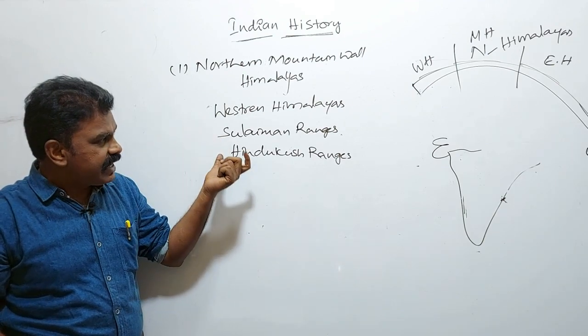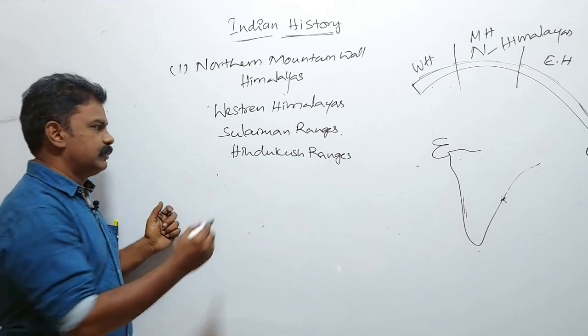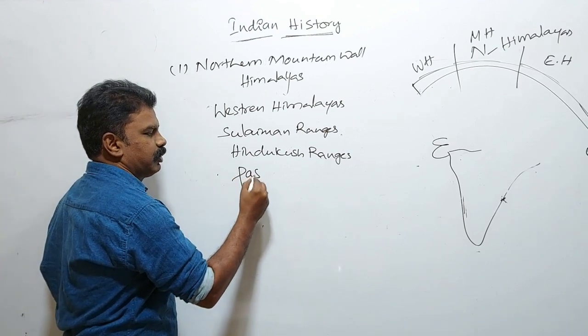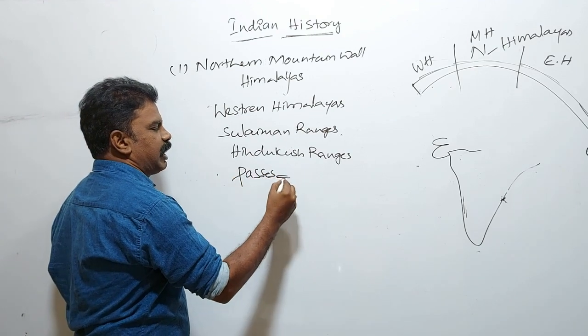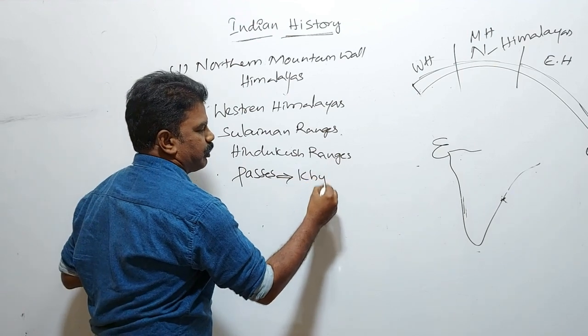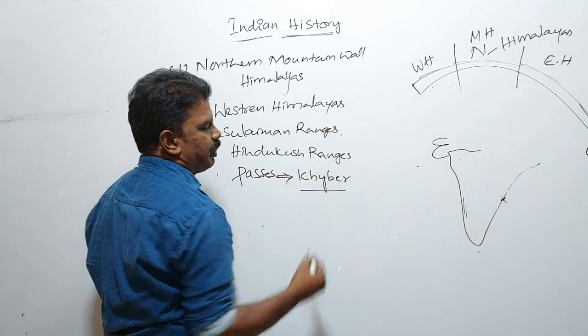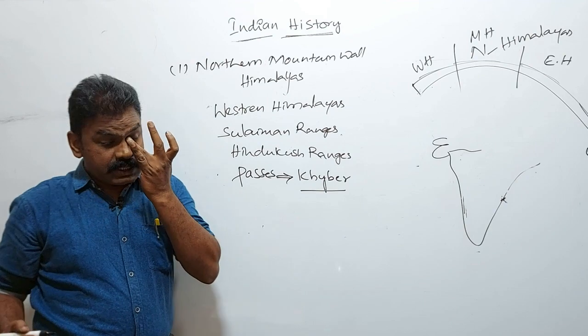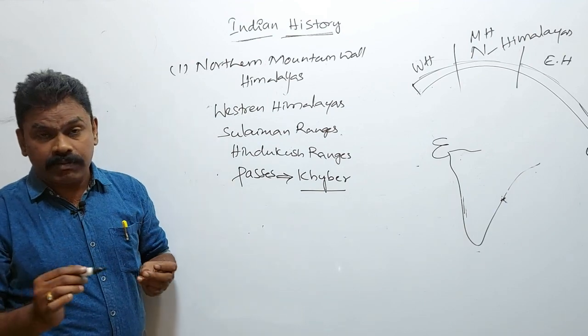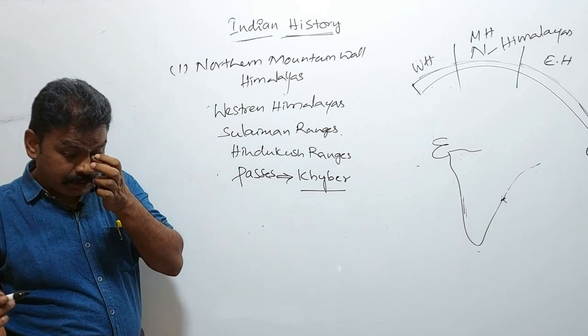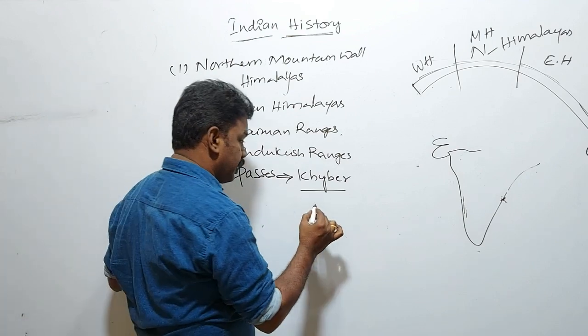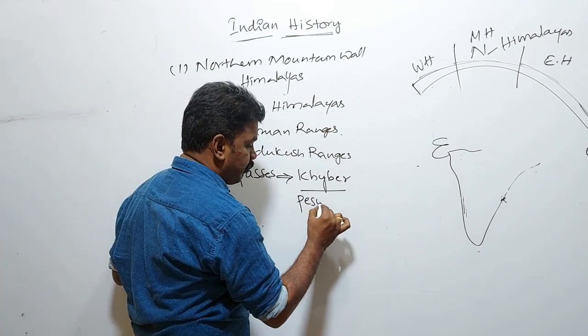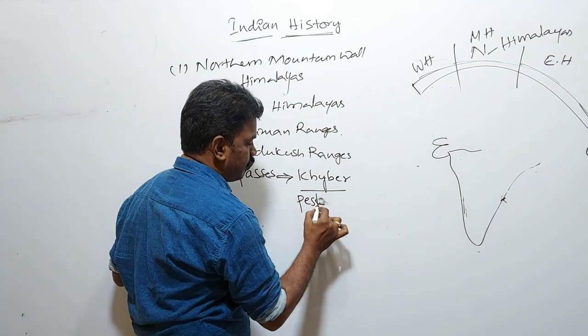The Western Himalayas have some passes, especially the Khyber Pass. The Khyber Pass connects Peshawar and Kabul.